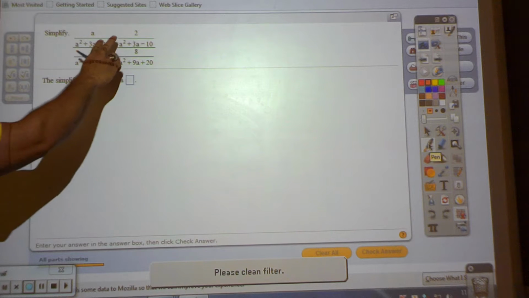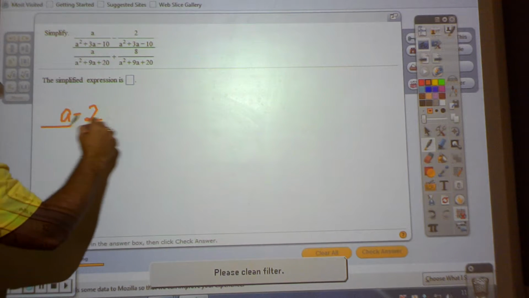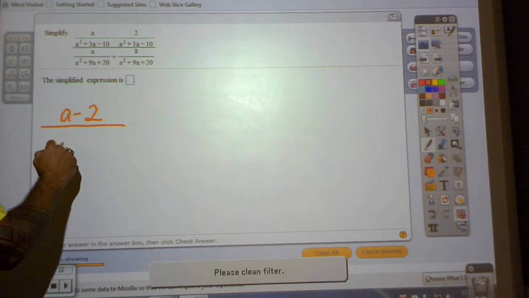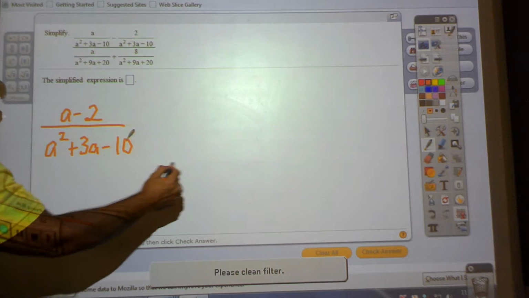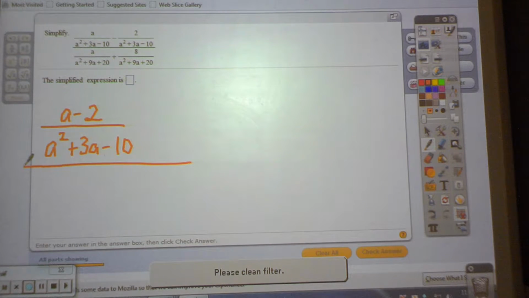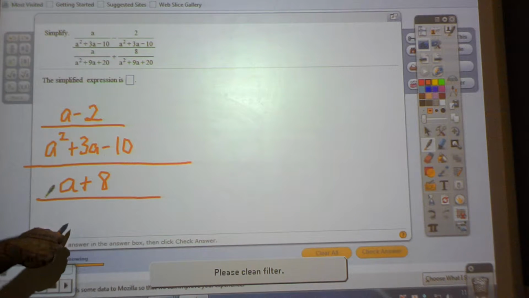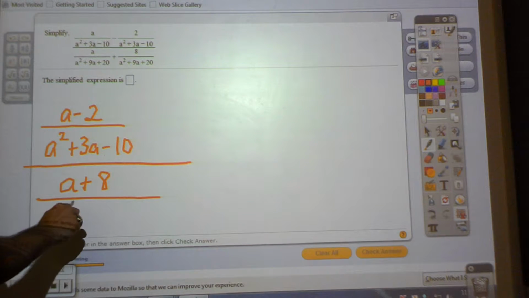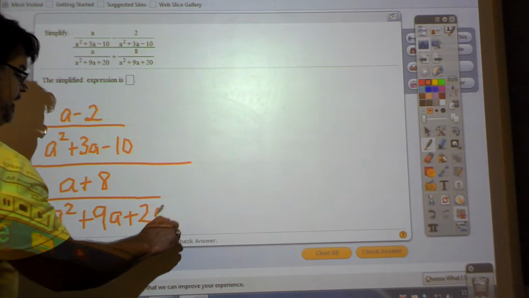So the top, you're going to get (A - 2)/(A² + 3A - 10) over (A + 8)/(A² + 9A + 20).